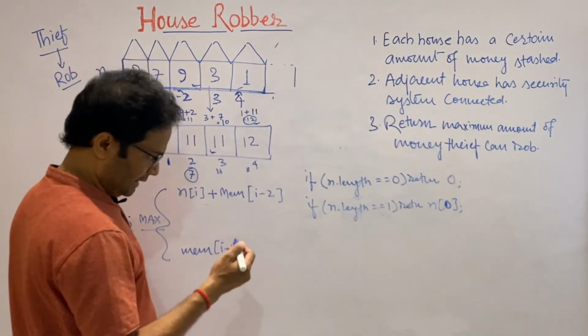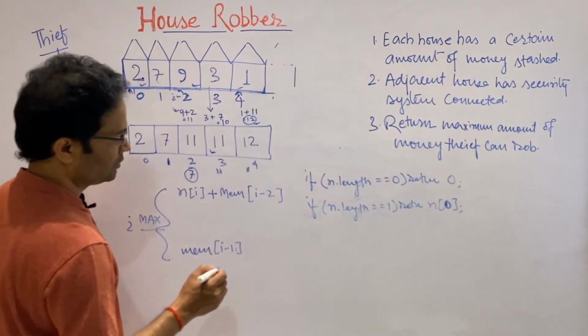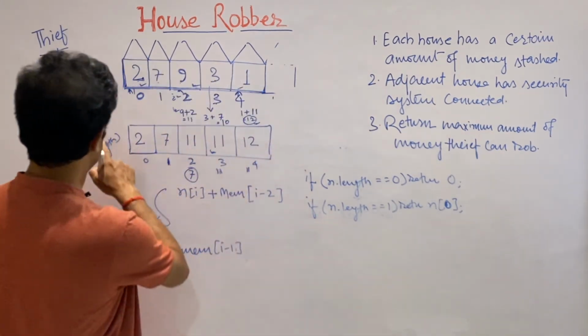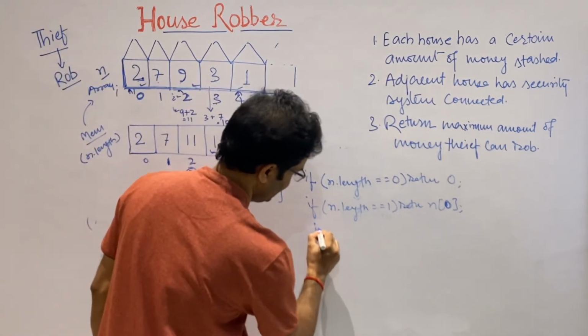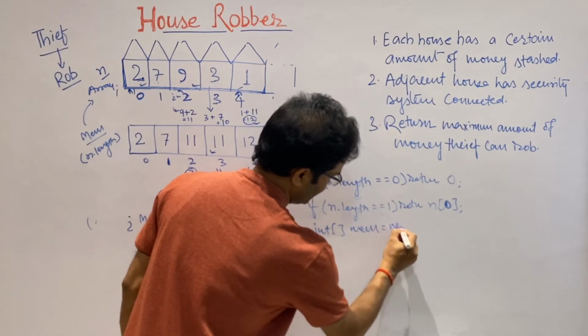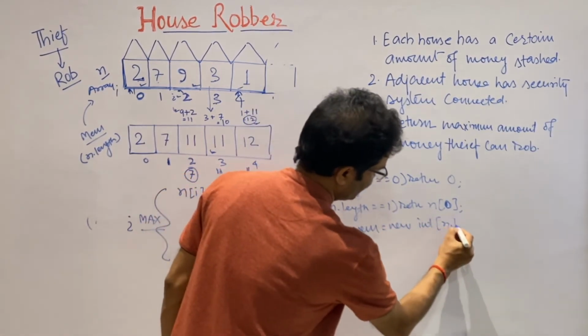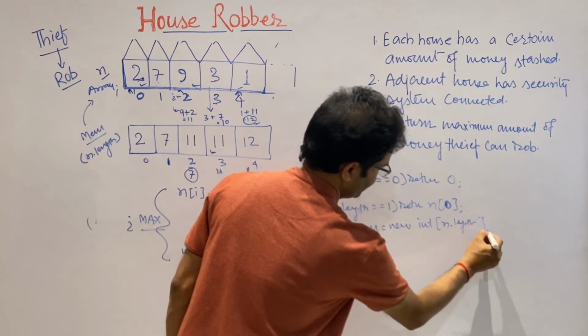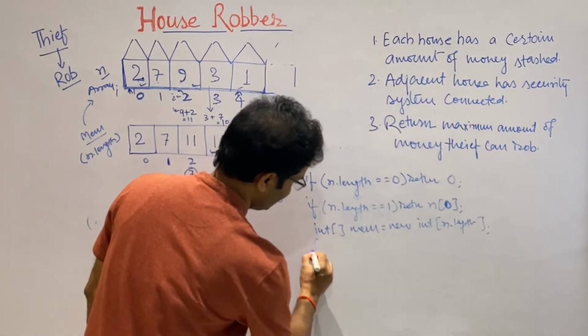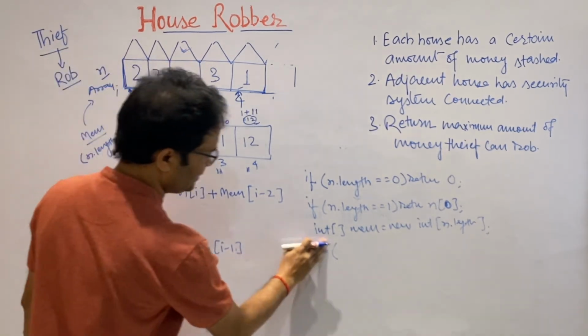Otherwise, create one int array mem, and the size would be the same as the size of the given array, right? And then run the loop from the second index. Why second?